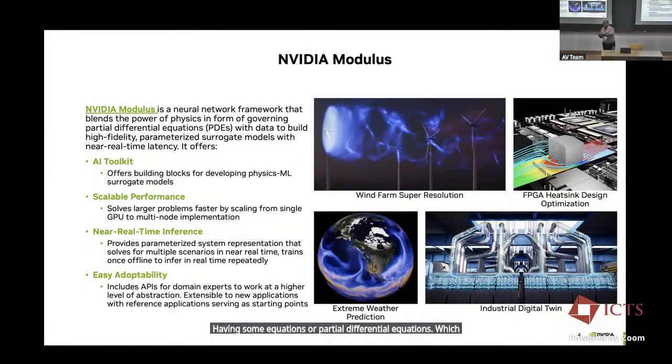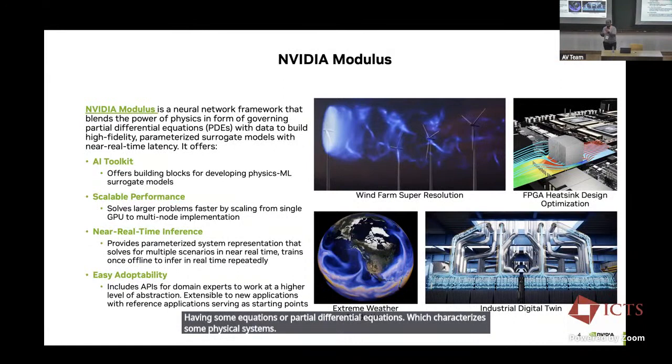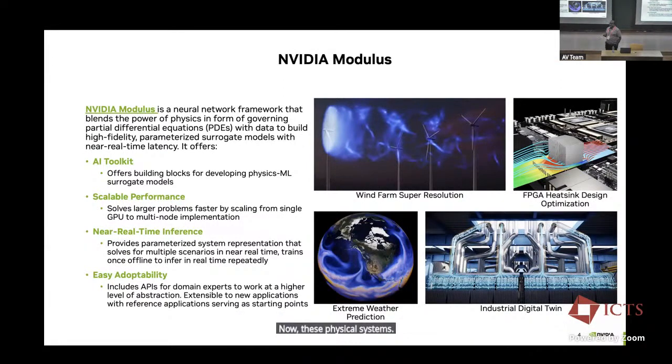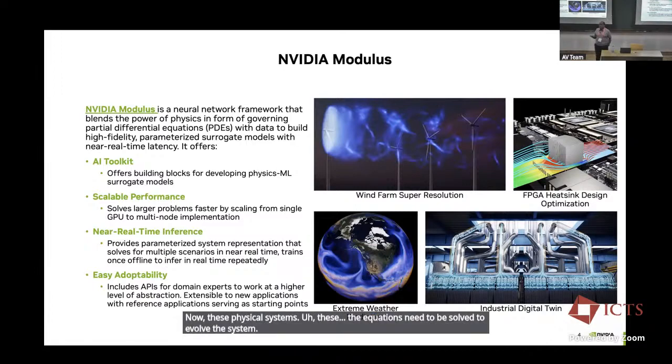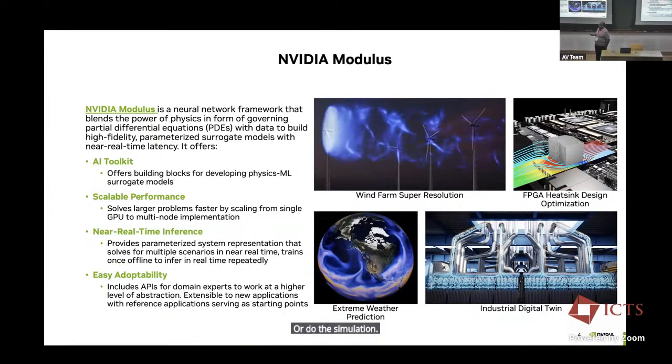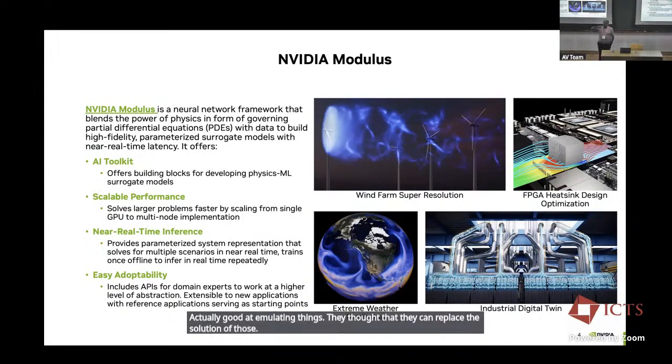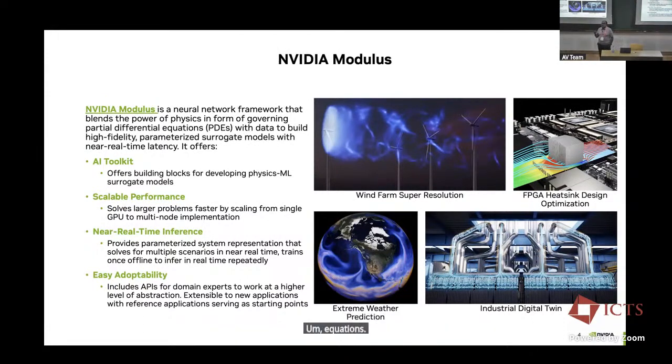These equations need to be solved to evolve the system or do the simulation. People thought that since neural networks are good at emulating things, they could replace the solution of those equations with a neural network, so it can emulate that physical system. That's why they came up with this idea.